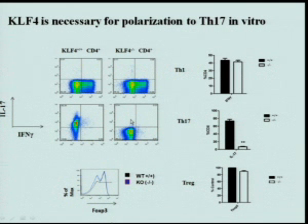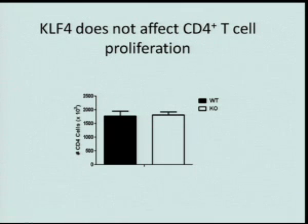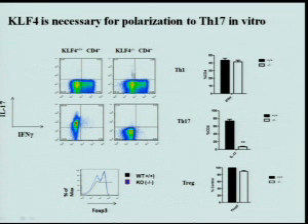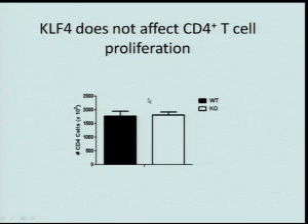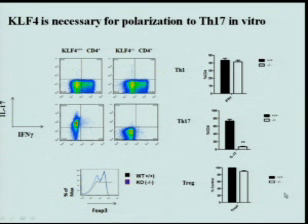So this led us to think that there was an intrinsic role for KLF4 within the T cells themselves, that KLF4 might be required for the induction of IL-17. So while it was required for polarization, one of the interesting features was that there's no difference in CD4 T cell proliferation, and there was also no difference in the Th17 Treg axis.